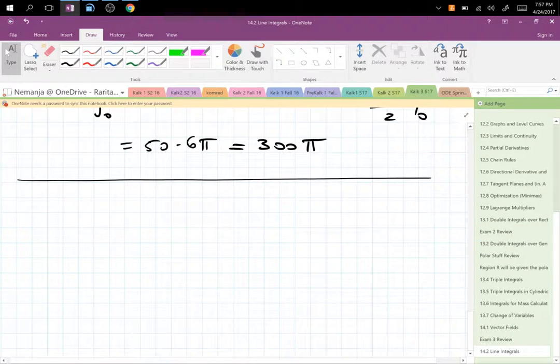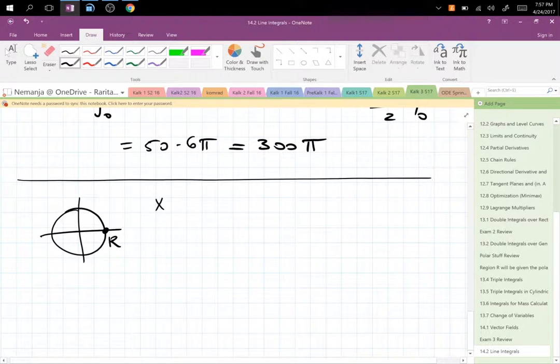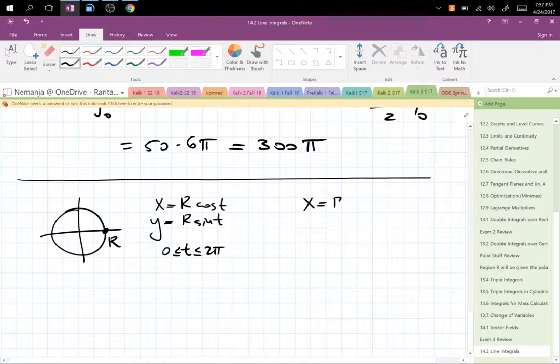So for a circle of radius r, I had x equals r cosine t, y equals r sine t, where t was between 0 and 2 pi. The textbook had x equals r cosine t squared, y equals r sine t squared, 0 less than t less than square root of 2 pi.